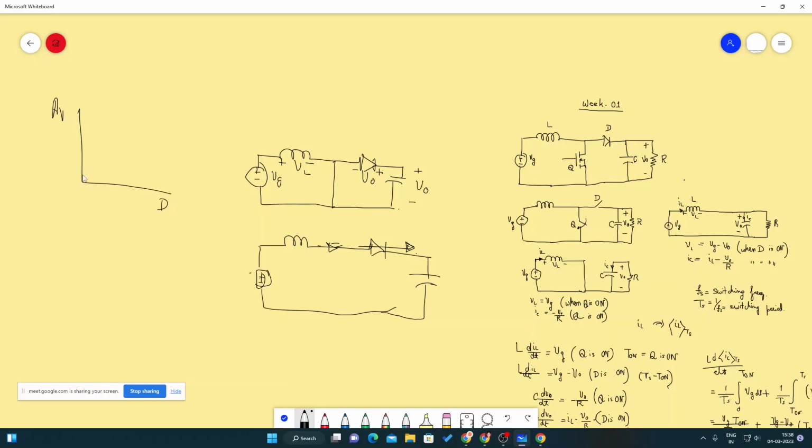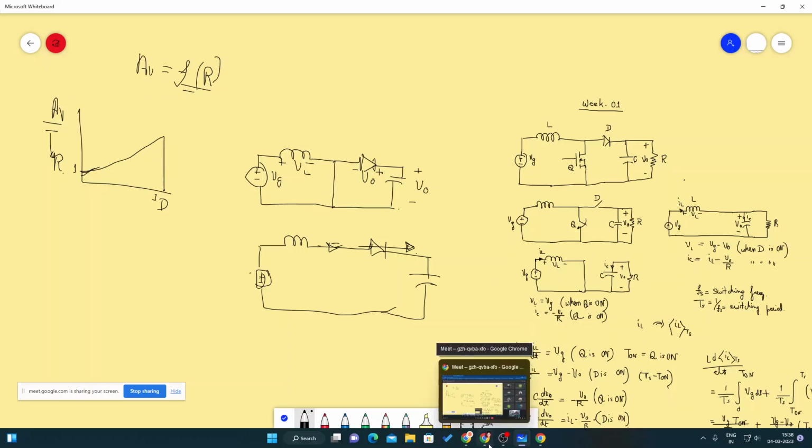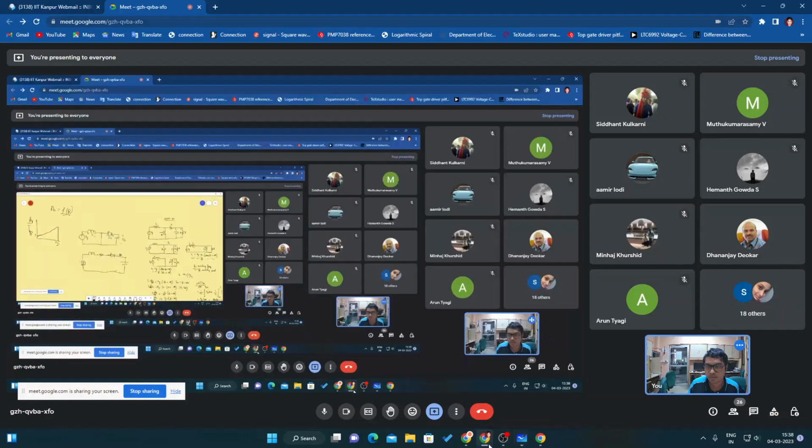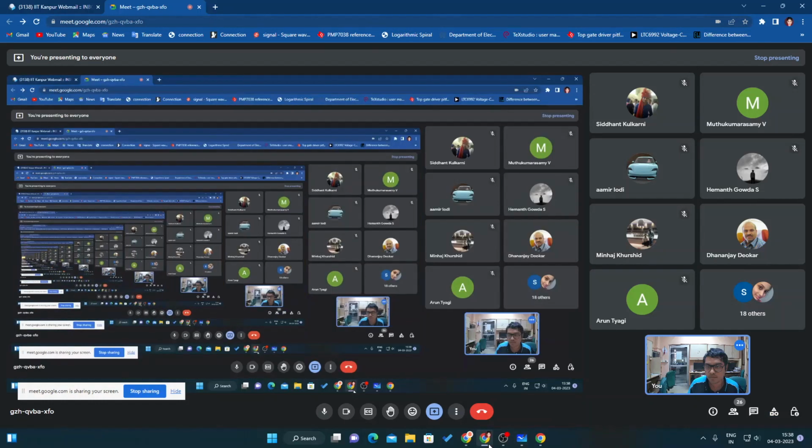In case of CCM, we know that it will rise from 1 and go up and then actually fall down to D equals 1. In case of DCM operation, the AV varies with the load resistance R. Means AV becomes a function of R also, the load resistance. So that actually complicates the process. So I am not sure about how the controller will be designed.